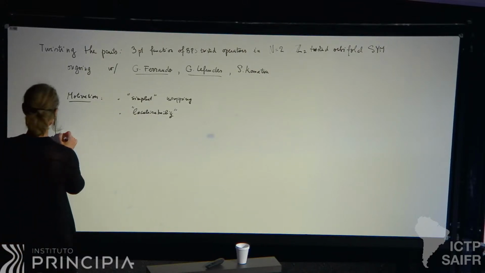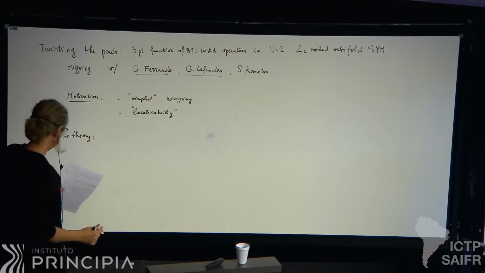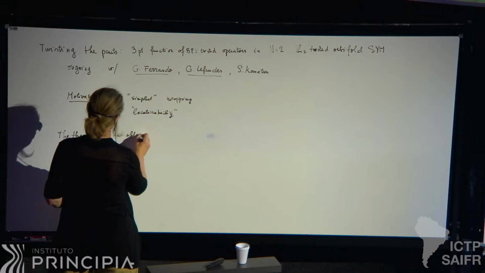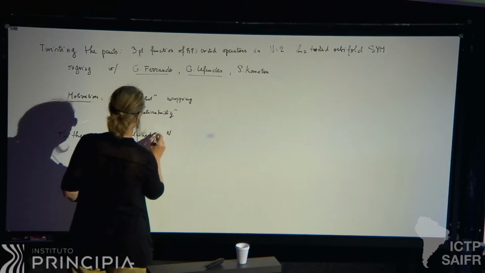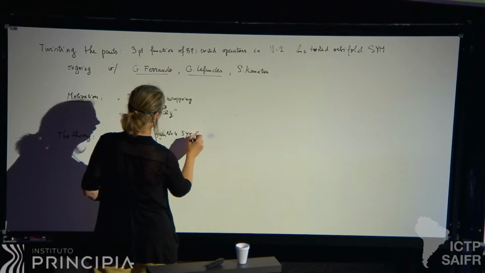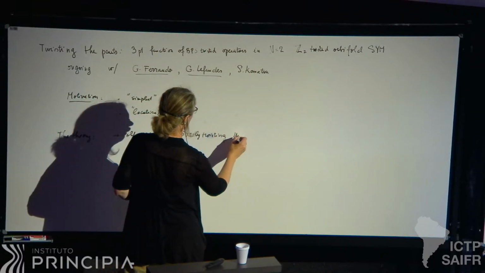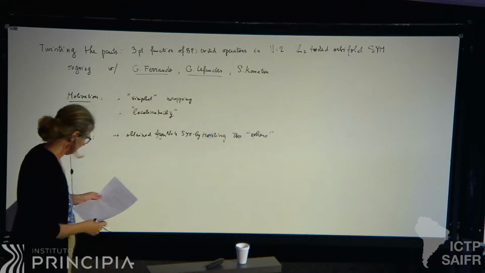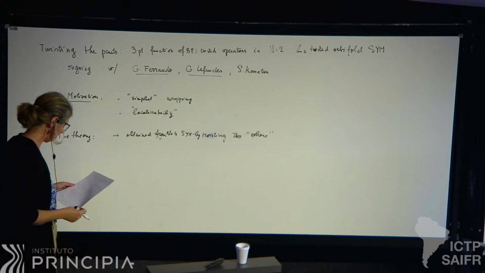So the theory is obtained from N equals 4 by twisting the sphere. I will try to show this briefly, how it works on the operators.